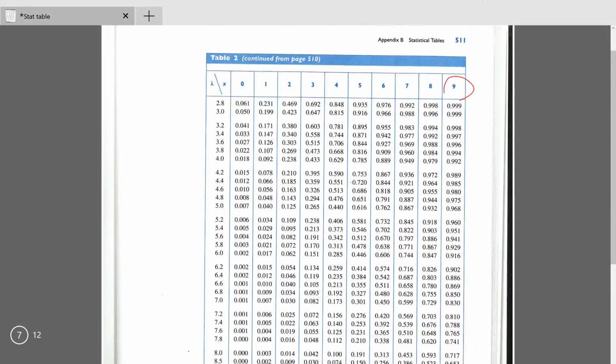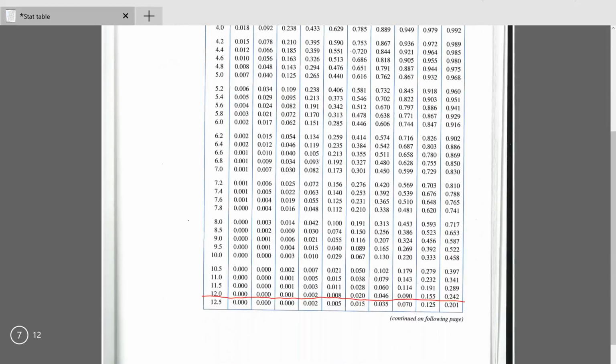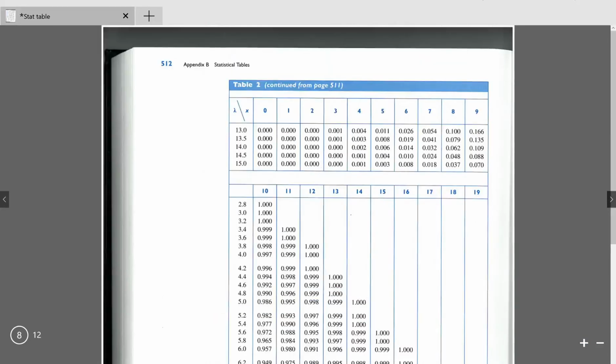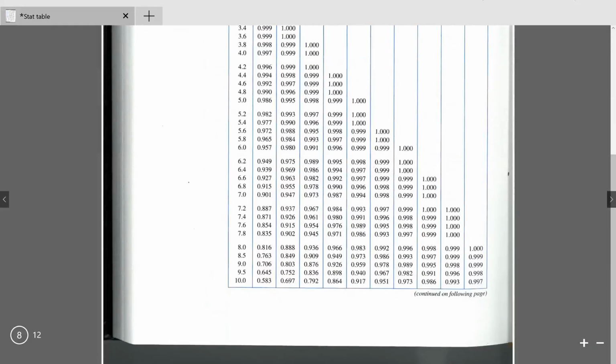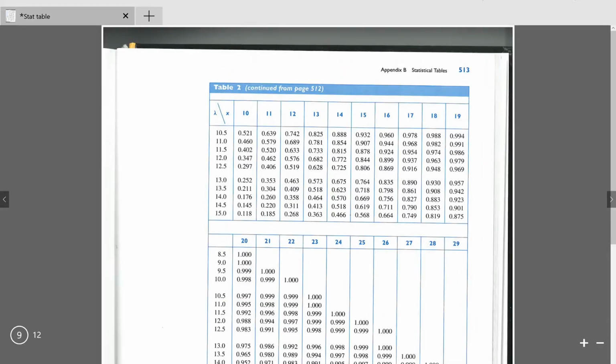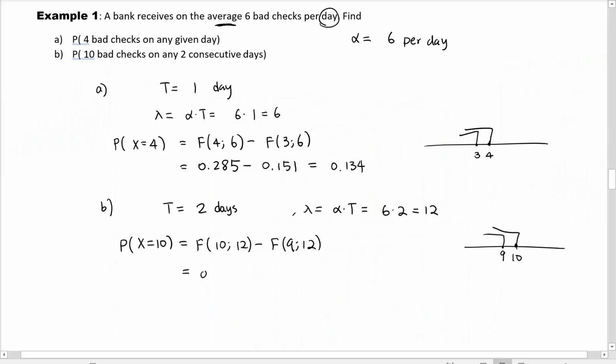Wow, we only see the 9. We don't see the 10. What happened? Well, don't worry. It's actually the next page. And actually the next 2 pages. So you can see here, this is lambda equals 12. And the 10 is actually right here. So it's 0.347.